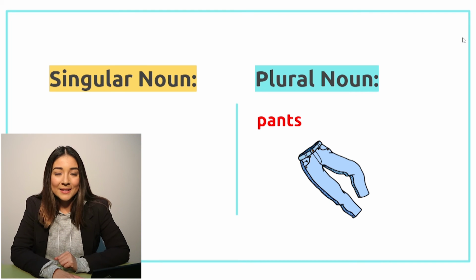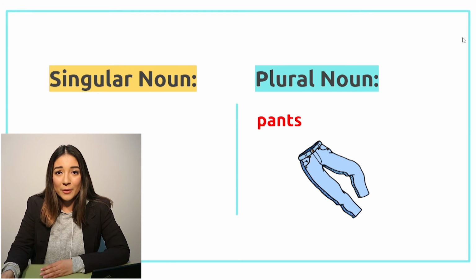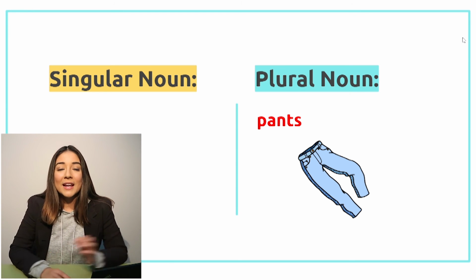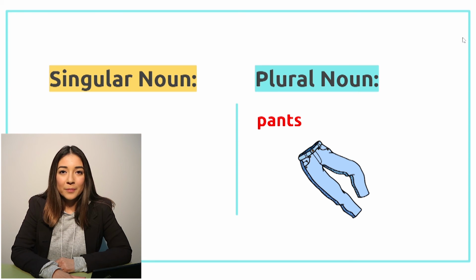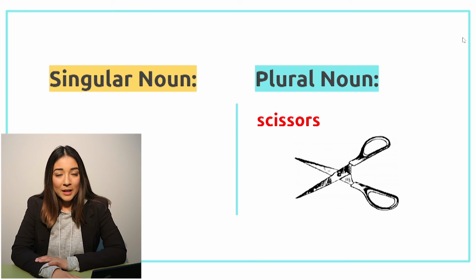Or pants. When we talk about pants, even though we're talking about a single piece of clothing, we still refer to it in the plural form. As well as scissors. Scissors is always plural. We never say scissor.